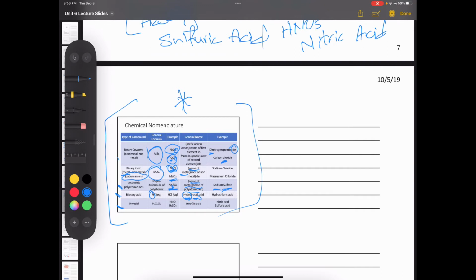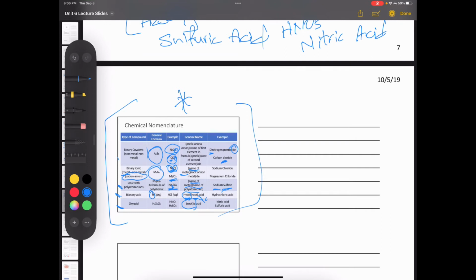So there should be an IC here. Okay, hydrochloric acid, hydrofluoric acid, so on and so forth. When it comes to the oxyacid, you'll have to use the root of the acid plus IC acid. So you call it nitric acid, sulfuric acid, phosphoric acid, so on and so forth.